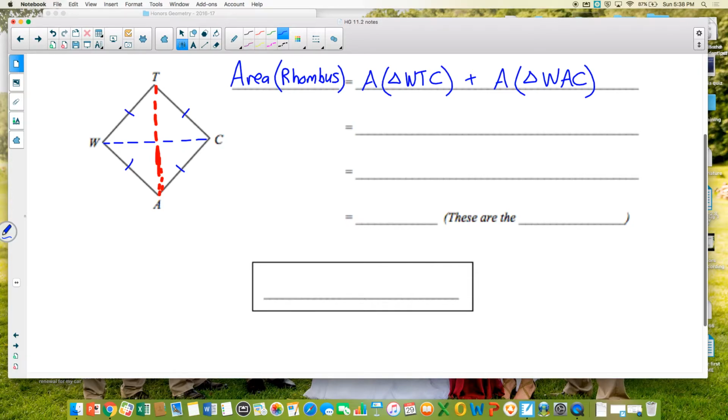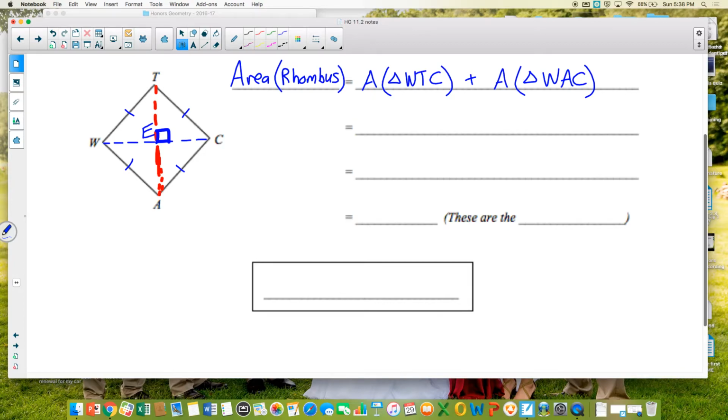And if you remember, diagonals of a rhombus are perpendicular. So we have our right angle box. And we will label this point in the middle point E.